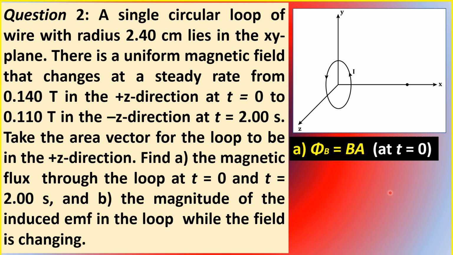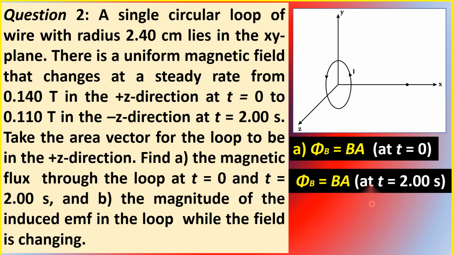The second one is at time equals 2.00 seconds. What is the magnetic flux when the magnetic field has already reversed its direction? According to the question, at exactly time equals 2.00 seconds, the magnetic field B is now directed towards the negative z direction.